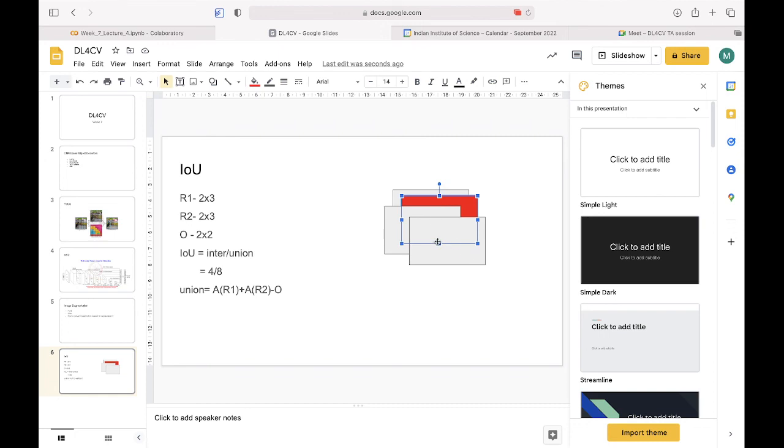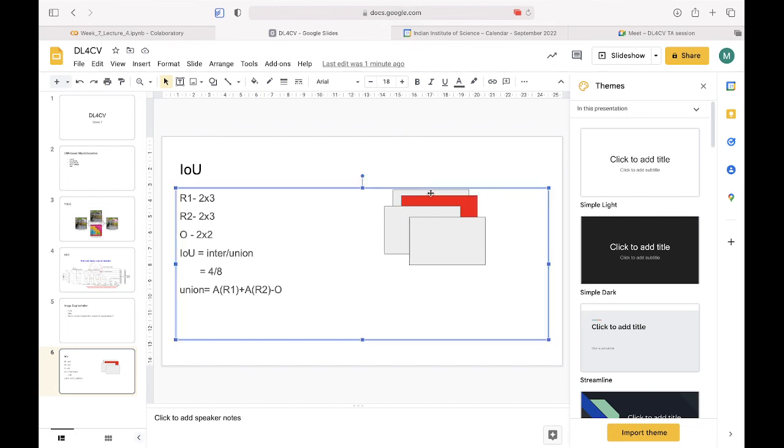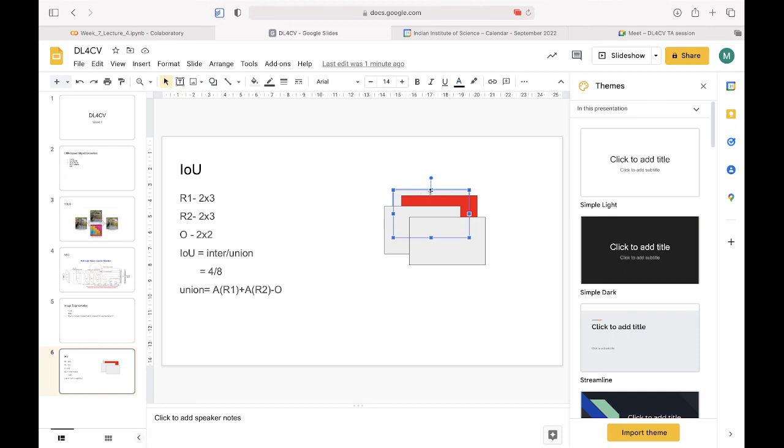Say I use some 0.8 threshold. If the IOU, intersection over union, is greater than 0.8, they are highly overlapping. It gives a measure of how much the boxes overlap. If they overlap a lot, I can remove the other box because it's almost the same and noisy.